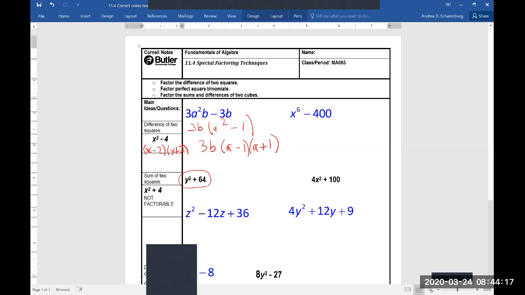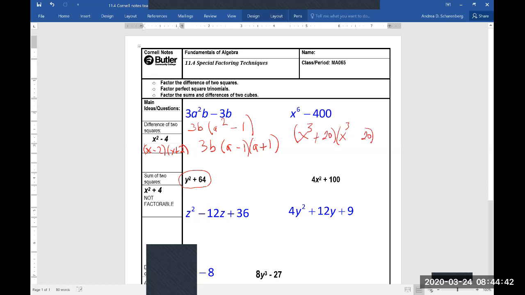Okay? On the next one here, we have x to the 6th power minus 400. There's nothing to factor out in terms of a common monomial, but this is a perfect square, meaning x cubed times x cubed is x to the 6th power. And if you did the square root of 400 on your calculator, you would see that that is 20 times 20.